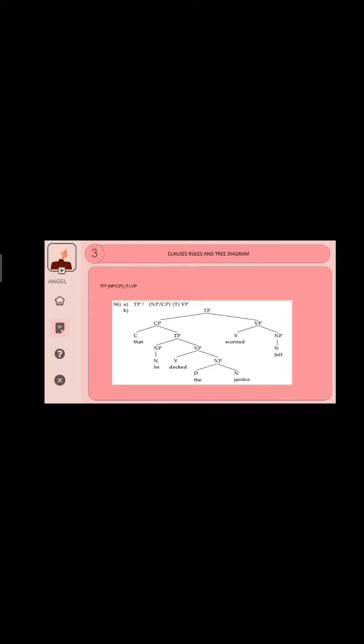So the complementizer phrase is "that he decked the janitor," and TP, tense phrase, CP, the complementizer phrase, is complementizer "that."